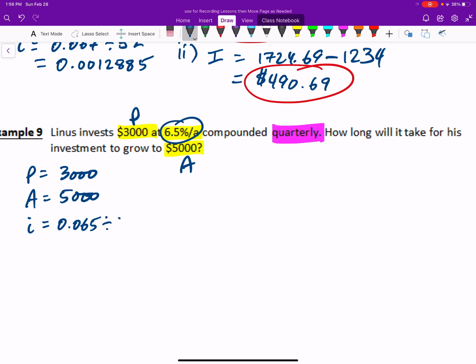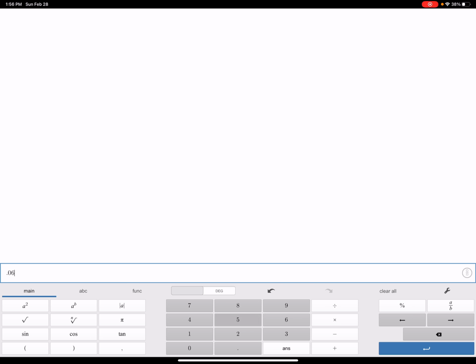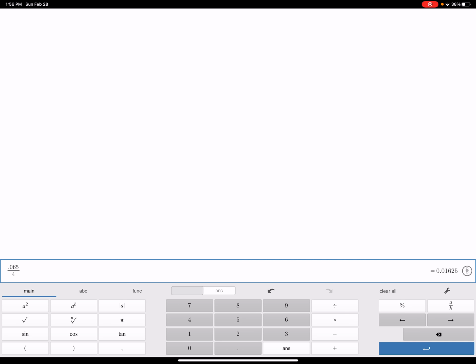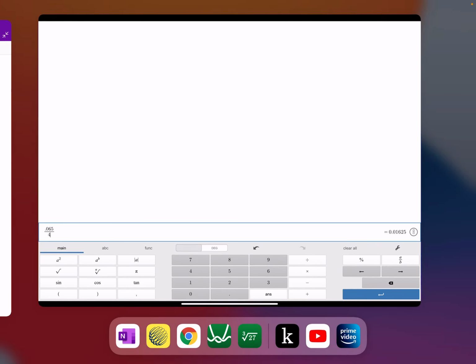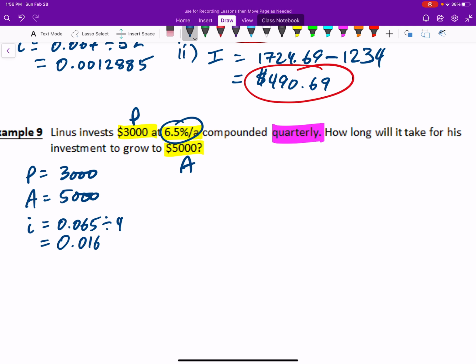i is going to equal 0.065 divided by 4, which is 0.01625. And I need to find out what n is, right? So we know A equals P times (1 plus i) to the n.